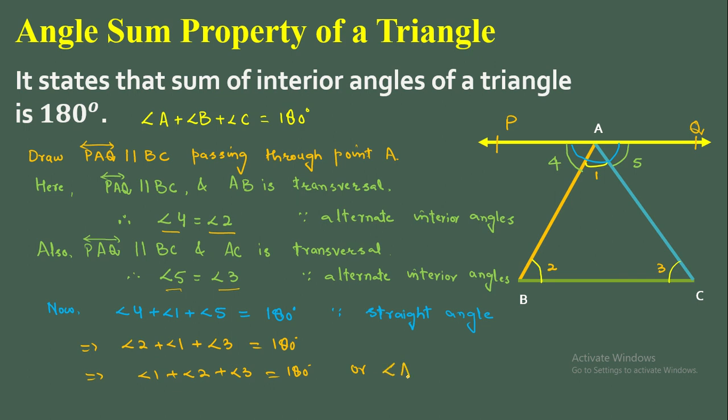So in place of angle 1, we can write angle A, plus angle B in place of angle 2, and angle C in place of angle 3, is equal to 180 degrees. So we proved here that the sum of interior angles of a triangle is 180 degrees.